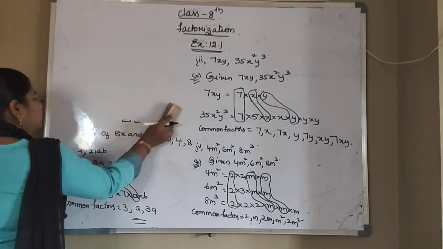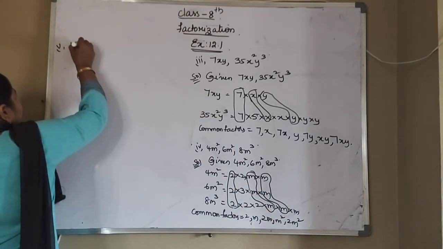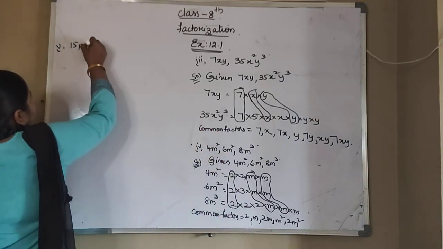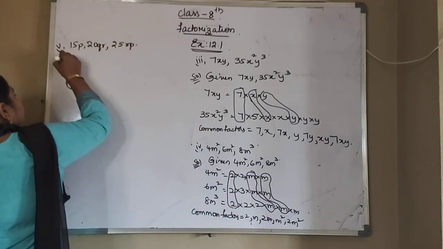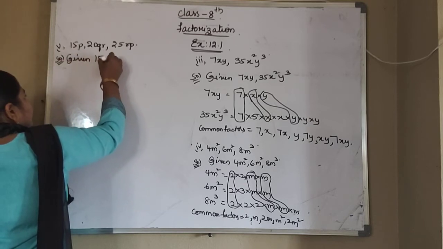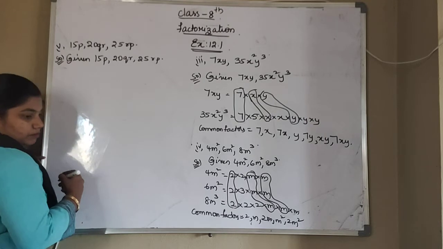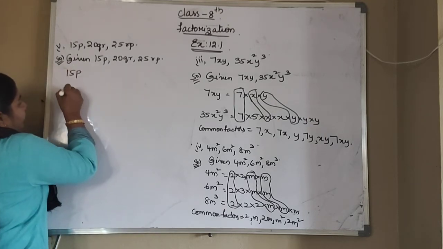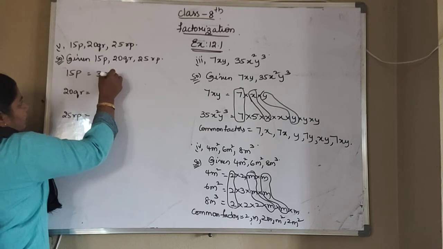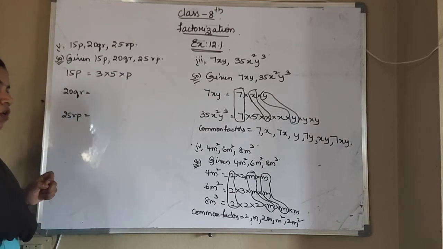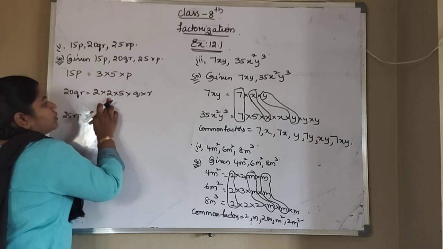Next, fifth one. 15p, 20qr, 25rp. Given 15p, 20qr, 25rp, we have to find common factors for this again. 15 can be written as 3 into 5 into p. 20 can be written as 2 into 2 into 5 into q into r, since 2 2s are 4, 4 5s are 20.